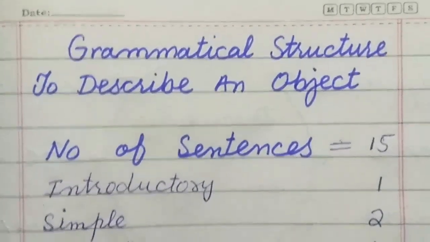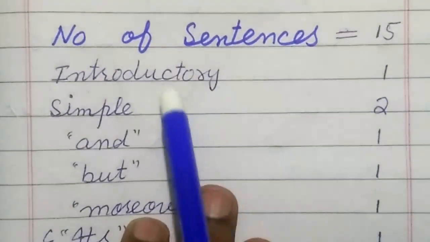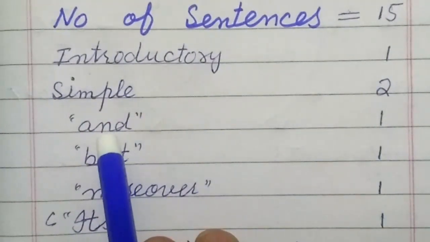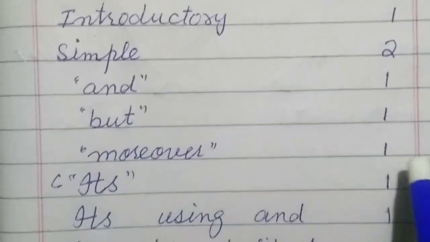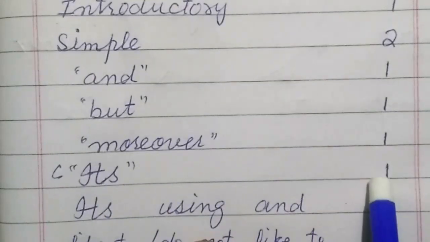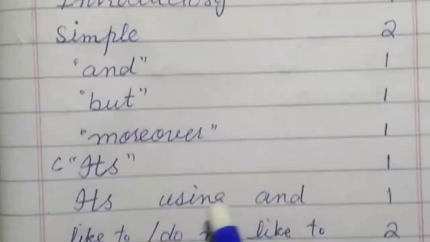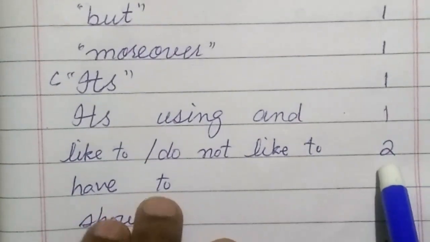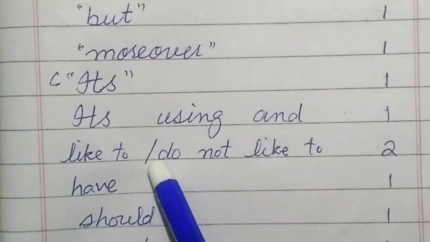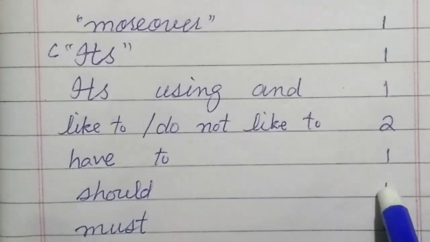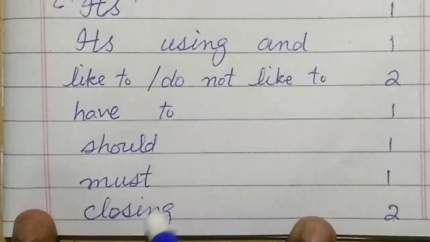The scheme of sentences is as follows: 1 introductory sentence, 2 simple sentences, 1 sentence with and, 1 sentence with but, 1 sentence with moreover, 1 sentence with its, 1 sentence with its using and, 2 sentences with like to or do not like to, 1 sentence with have to, 1 sentence with should, 1 sentence with must, and 2 closing sentences.